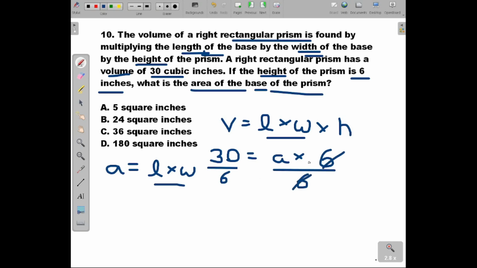Here we'll get 1, and 30 divided by 6 is equal to 5. So the area of the base of the prism is equal to 5 square inches. The right answer is A.